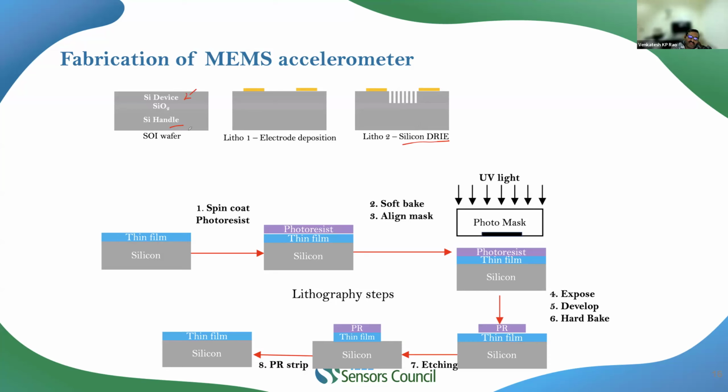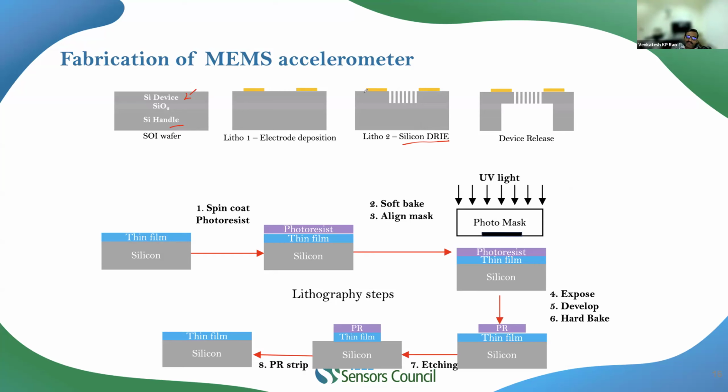Typically, the device layer thickness in this case will be around 25 micrometers under consideration. We need deep etching of the structure, so we need to go forward with the DRIE process, which corresponds to deep reactive ion etching, right?